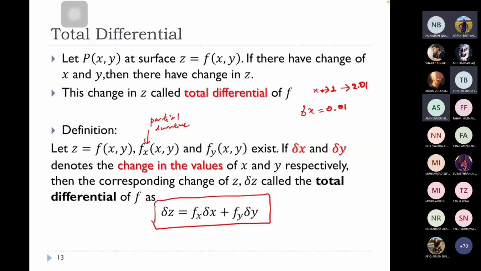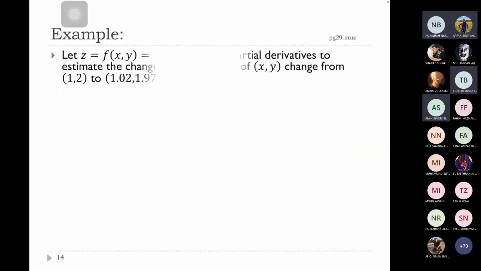So from here, let's say kita nak tengok this example. Let z equal to function of x y and it is given by 3x squared y minus y squared. So use partial derivative to estimate the change delta z in the value of z if the changes is from 1 to 1.02 for x and then the changes in y from 2 kepada 1.97.